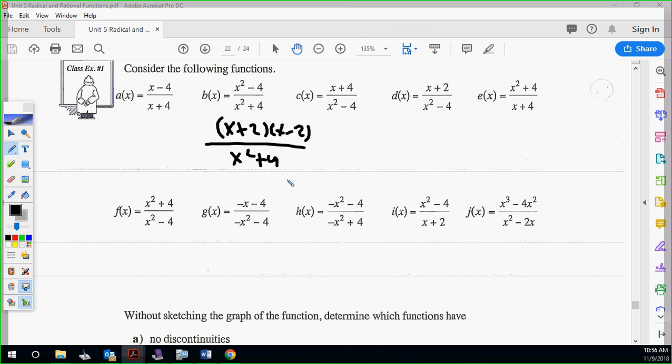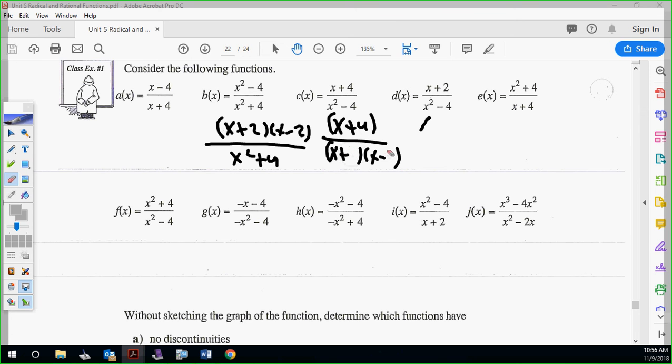Now the third one, C, we can factor the bottom. Now that is a difference of squares. So we see here, we get the x plus 4, x minus 4. Same thing on the D. Oh, wait. No, that's not right. That's not 4s. Those are 2s, yeah? These are 2s.